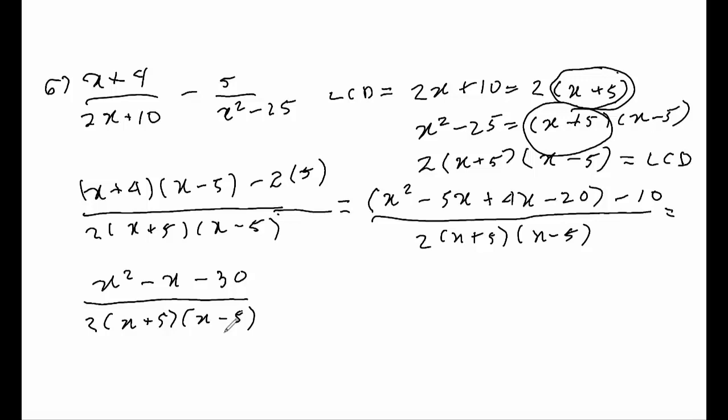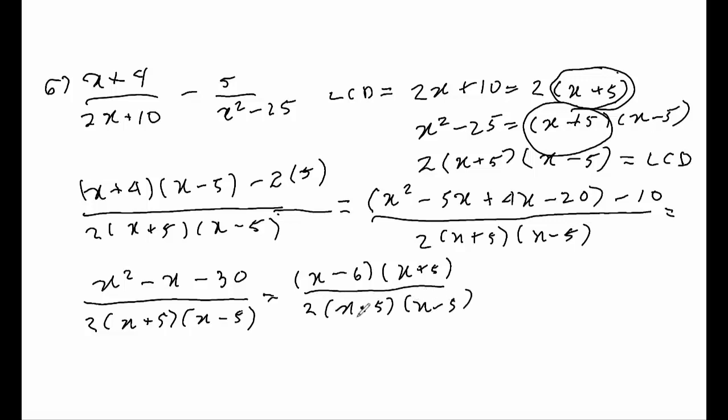And now we want to factor the top to see if we can simplify it even further. It turns out when we factor it, we get x minus 6 times x plus 5, all over 2 times x plus 5 times x minus 5.